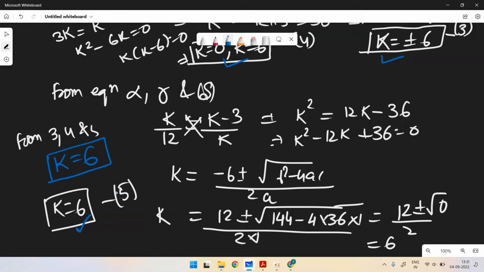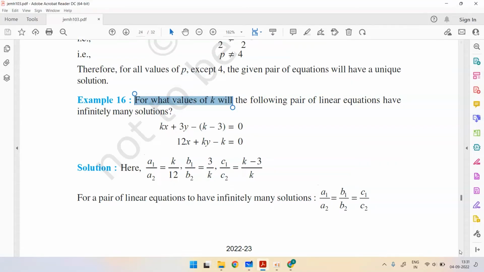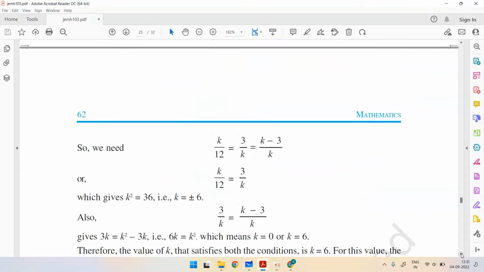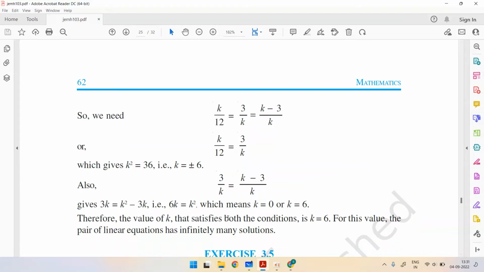For k equals 6, this is valid. Therefore the value of k for both sets of conditions is satisfied, k equals 6 only. So the pair of equations will have infinitely many solutions when the value of k is 6. This is your answer.